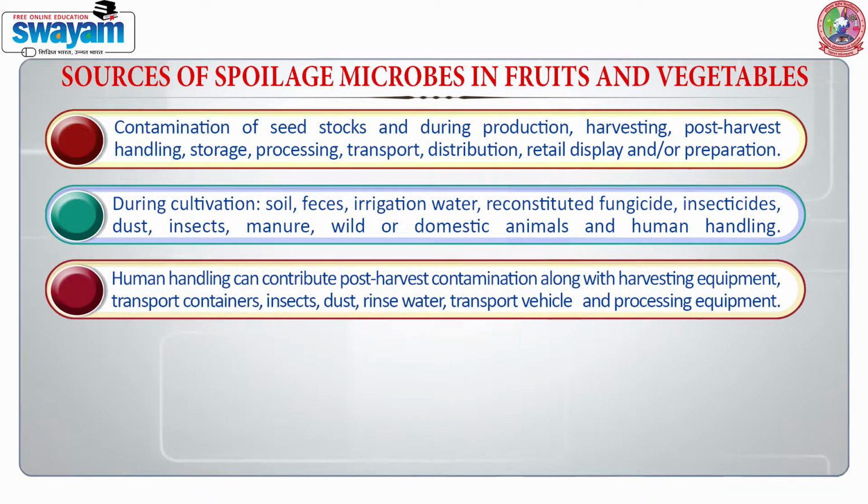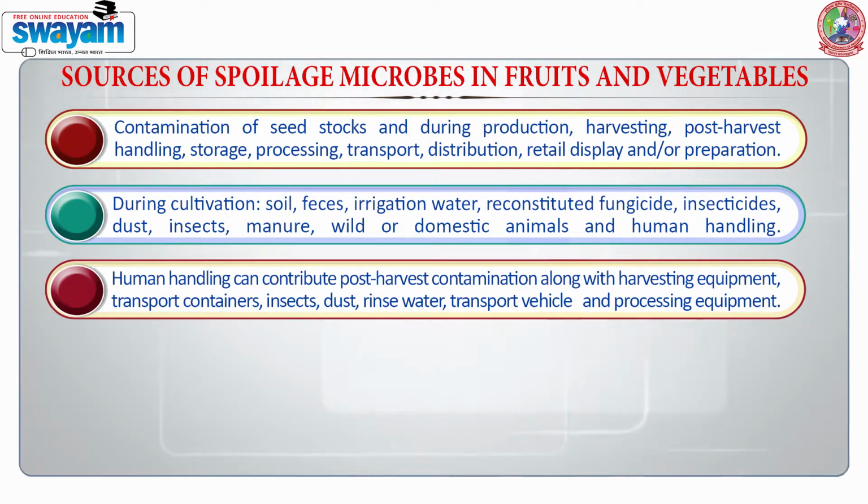Human handling especially is contributing during the post-harvest contamination stage, and the other source is the harvesting equipment. Transport containers, insects, dust, rinse water, transport vehicles and processing equipment are other sources of contamination.